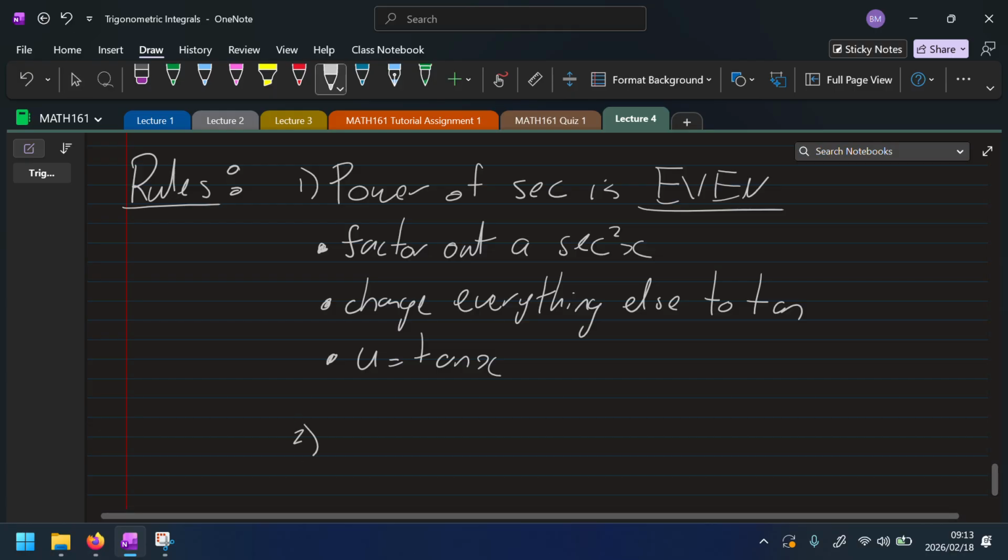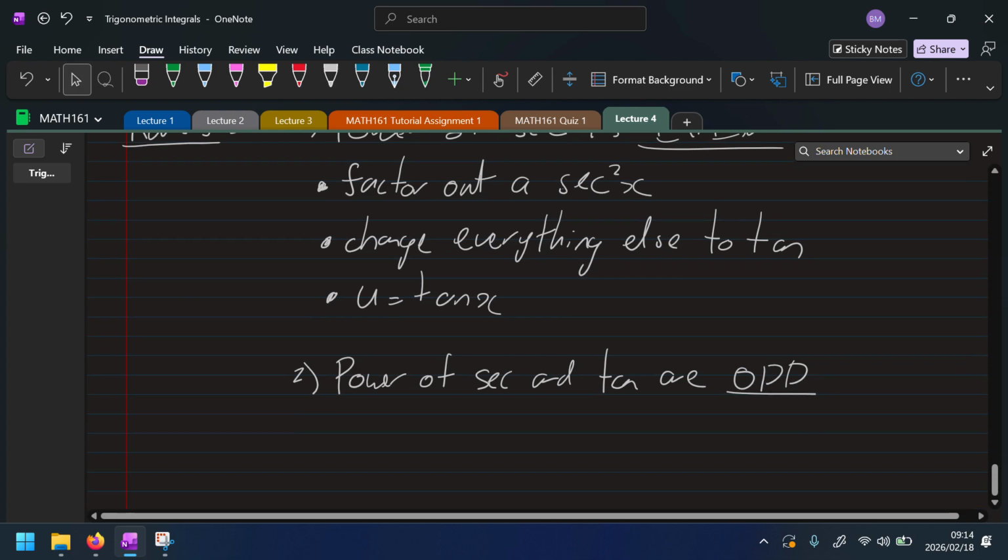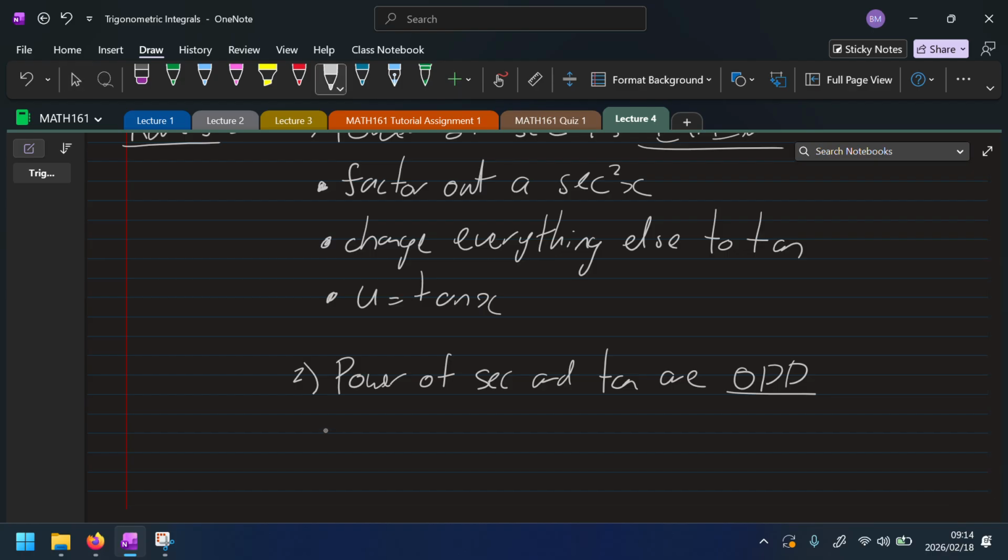And then the last one, this was if it was odd in both cases, so we could take out a sec x tan x. Okay, so both are odd. Then in that case, we can take out a sec x tan x.